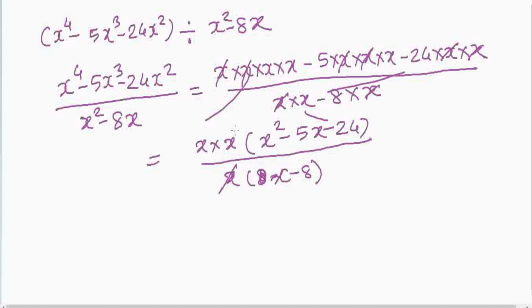Now this x and this x cancel, we have x into x square minus 5x minus 24 divided by x minus 8.